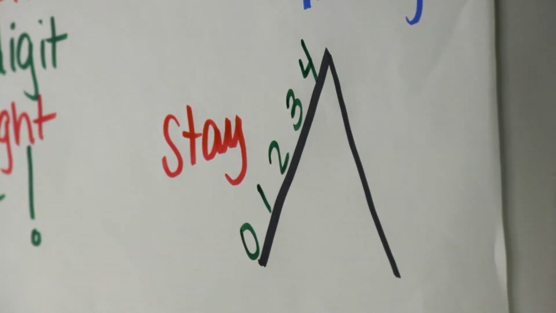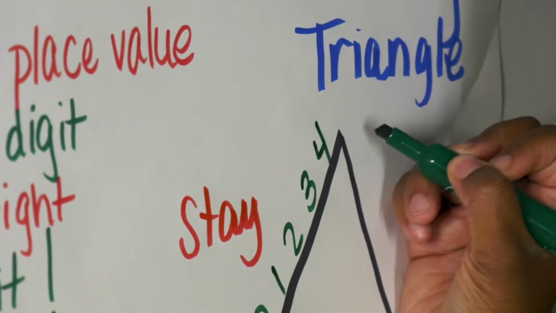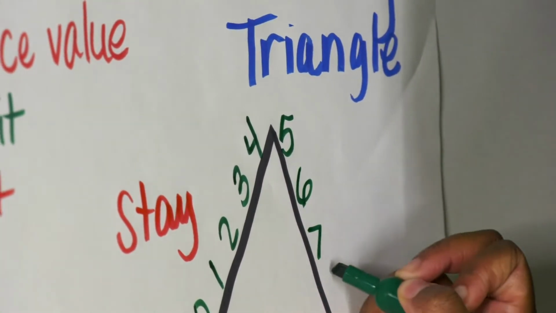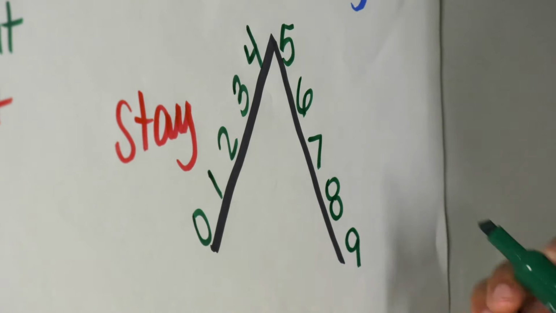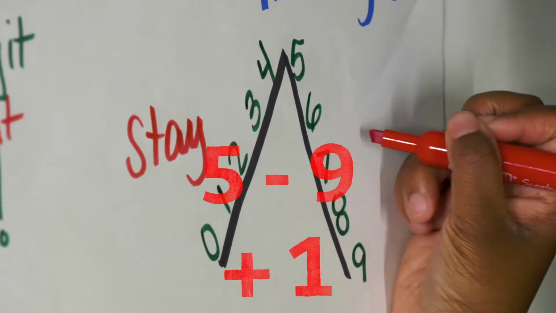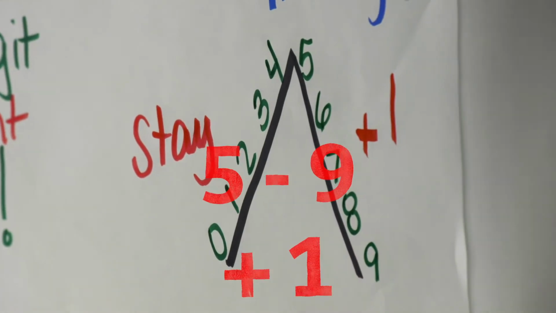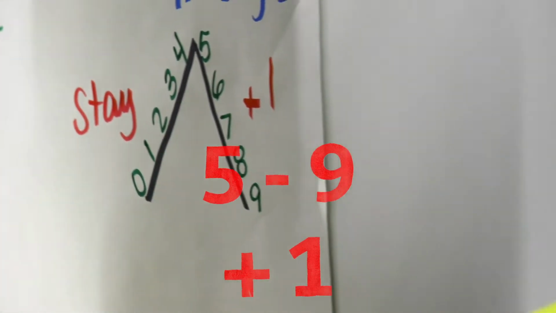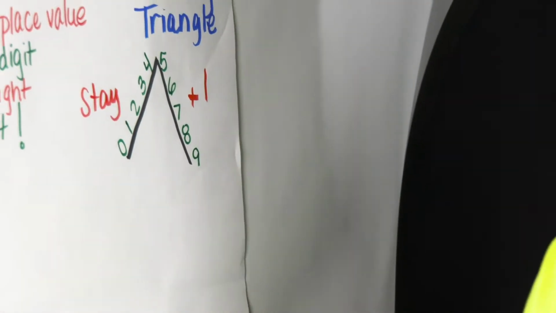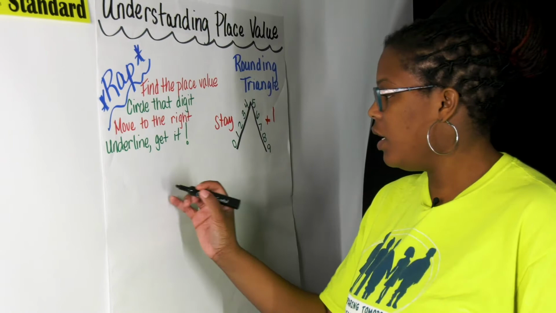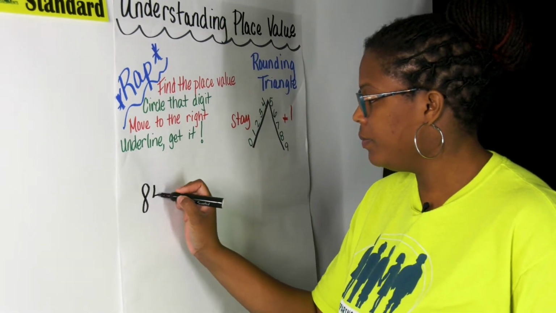Any numbers from 5 to 9, you're going to add 1 to. Okay, so we're going to get into some examples so you can understand what that looks like. So say, for example, we had the number 846.